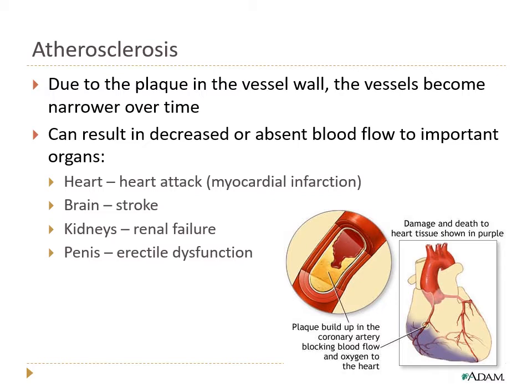So that's why all those ads on TV for Viagra are aimed at older men, because they are more likely to have atherosclerosis, and what happens over time is you just can't get enough blood flow to the penis to get a sufficient erection. If you're wondering then how those medicines work, they actually work by forcing the arteries to open up wider to get more blood supply.